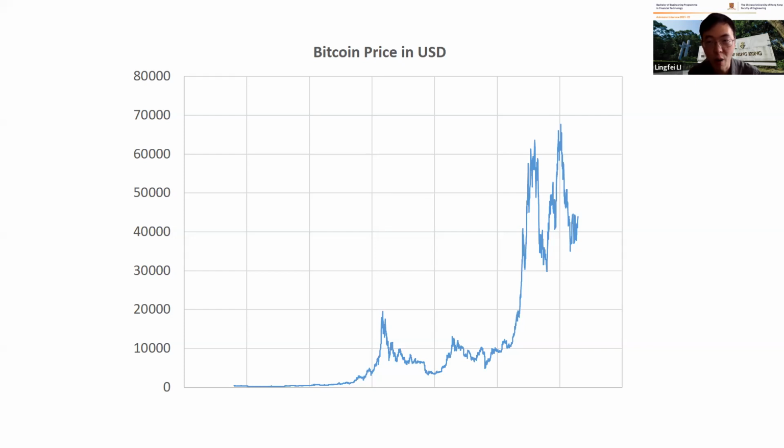The supply is growing, but it will be capped at some level. So it's not like U.S. dollars, where there's no upper bound. For Bitcoin, there's an upper bound on its supply. So some people believe that in the long term, while the U.S. dollar depreciates, Bitcoin will not, because of this limited supply.